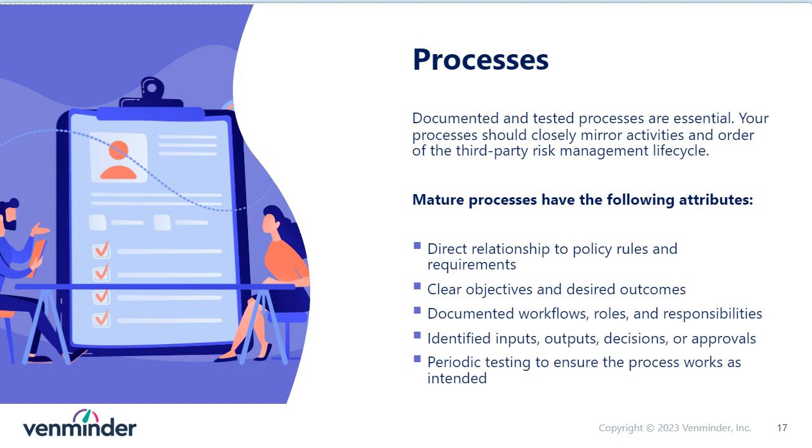Mature processes have documented workflows, they identify the rules and responsibilities for each stakeholder in the process, and they have clearly identified outputs, decisions, or approvals. And finally, they're tested periodically to make sure that they're meeting the requirements and that they're in line with our objectives.